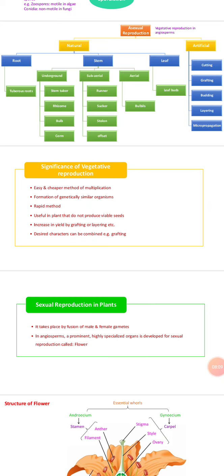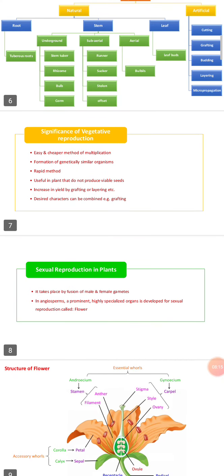Among the underground stems, the first is the stem tuber. We are well known about the potato, which we normally eat in our day-to-day life. You must have eaten vada pav, and for the vada preparation as well, the potato is used, and that potato is an underground stem.